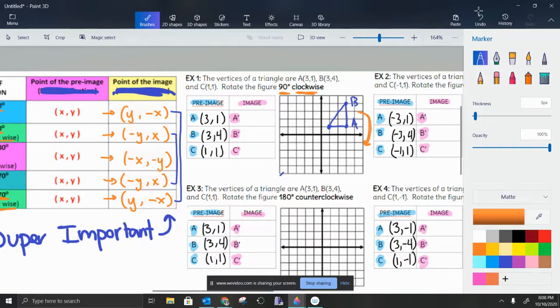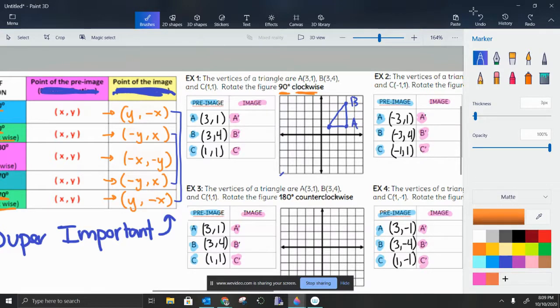So I know, based on just the directions they've given me, that I'm going to wind up in this quadrant. If it was a 180-degree movement, I'd be moving two quadrants, so I'd be moving all the way over here. If it was a 270-degree movement, I'd be moving three quadrants, so I'd wind up here. Okay, so that should help you in terms of figuring out whether you are moving in the right direction.